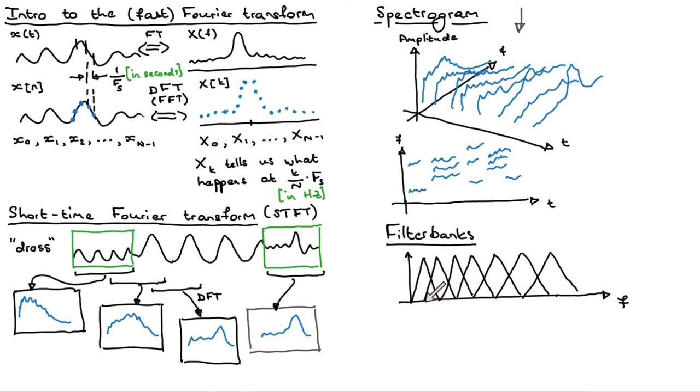This is one filter, this is the next filter, and so on. The important thing is these little peaks are spaced according to the Mel scale. In other words, the difference between this peak and this peak in Mel will be the same as the difference between this peak and this peak, and this peak and this peak, and so on.